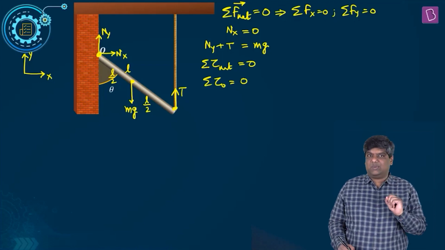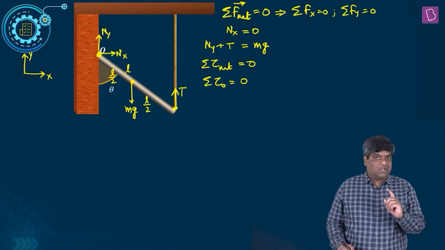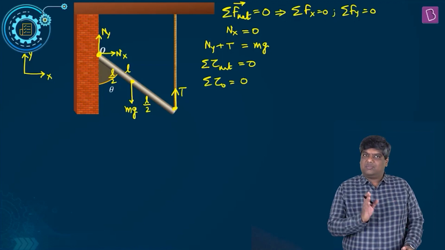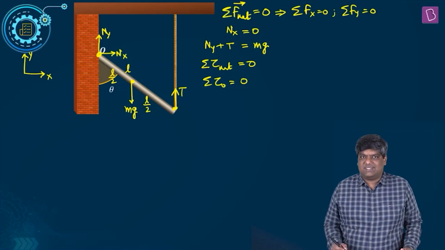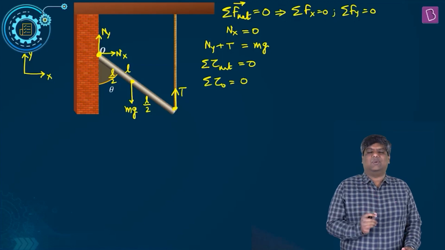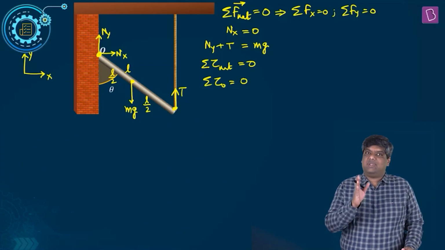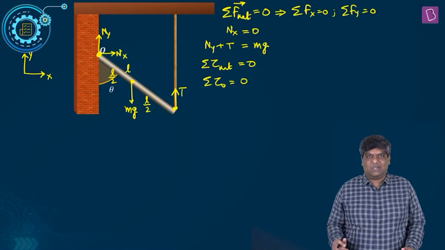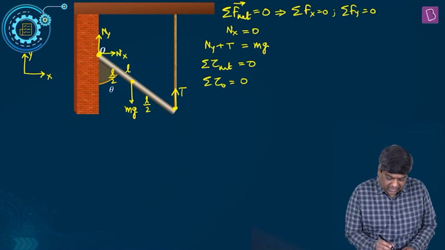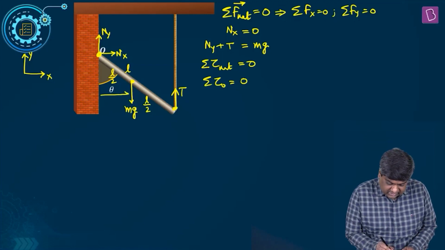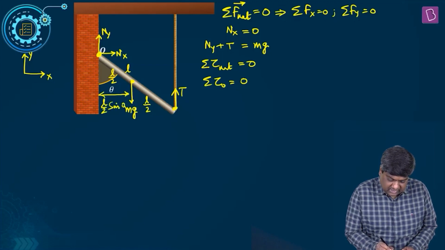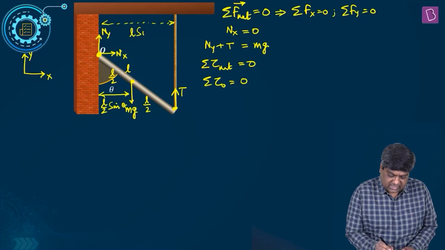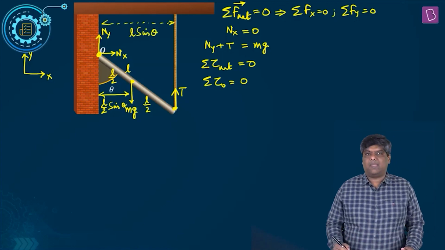Ny is passing through O, so it does not have a torque, because torque or moment of force is force times perpendicular distance. Now Ny is passing through O, so the perpendicular distance between Ny and the axis is 0. Now this perpendicular distance, you can clearly see, is L by 2 sine theta, and this perpendicular distance is L sine theta.